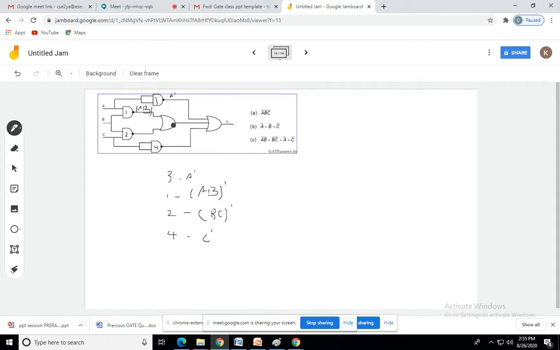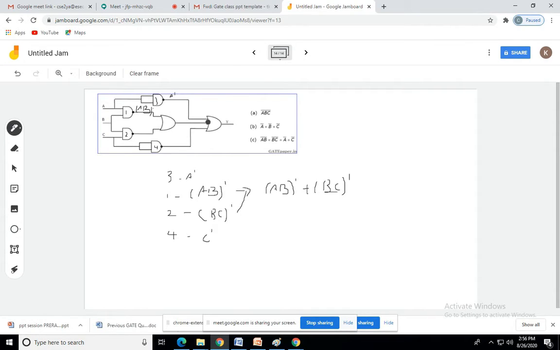And here we can have this OR gate. What is the output of the OR gate here? It is the combination of these two things, so it is AB whole dash plus BC whole dash.